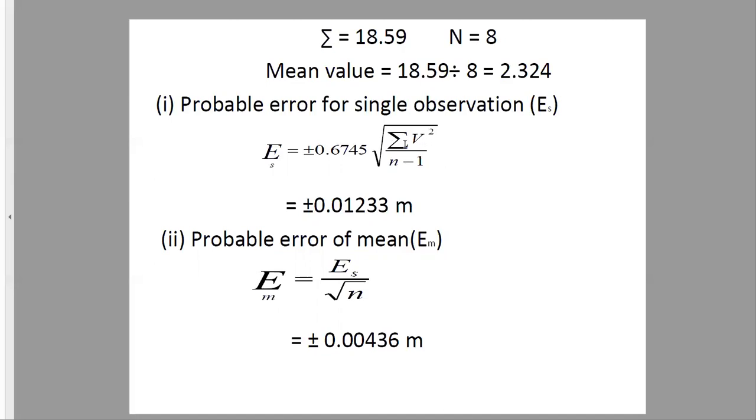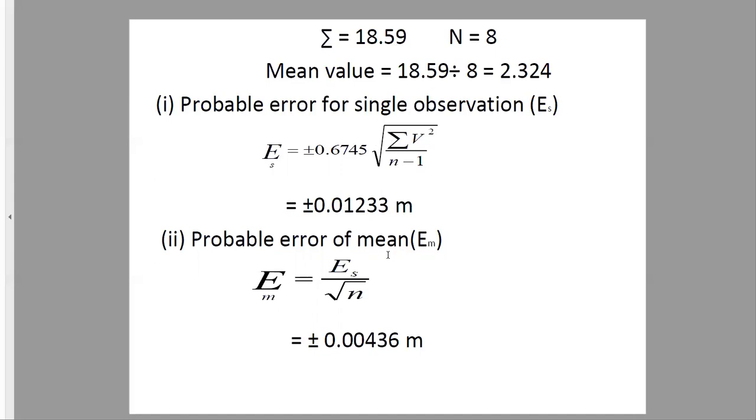Here we have already calculated V square, that is 18.59, and n is 8, so it becomes 8 minus 1. After substituting all these values, we'll get our answer as 0.01233 meter. You can cross check these values.